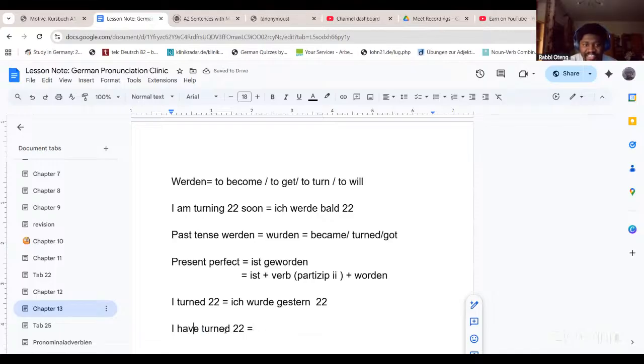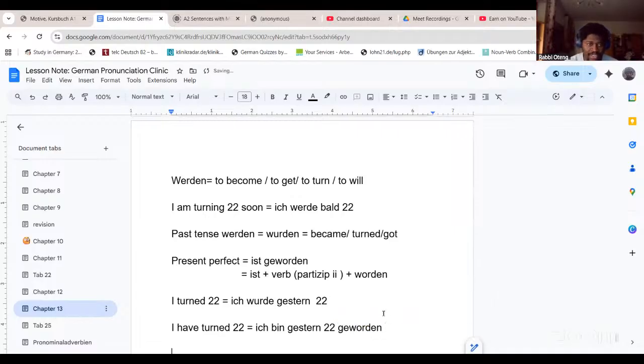In this sentence, there is no other verb aside from the turning itself, because the haben here is formed with sein, so it's ist. So: ich bin gestern 22 geworden. Sein plus geworden.